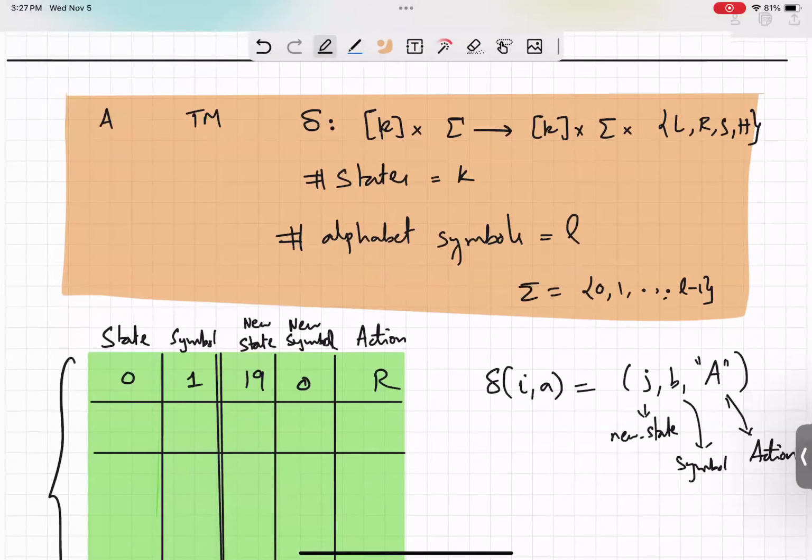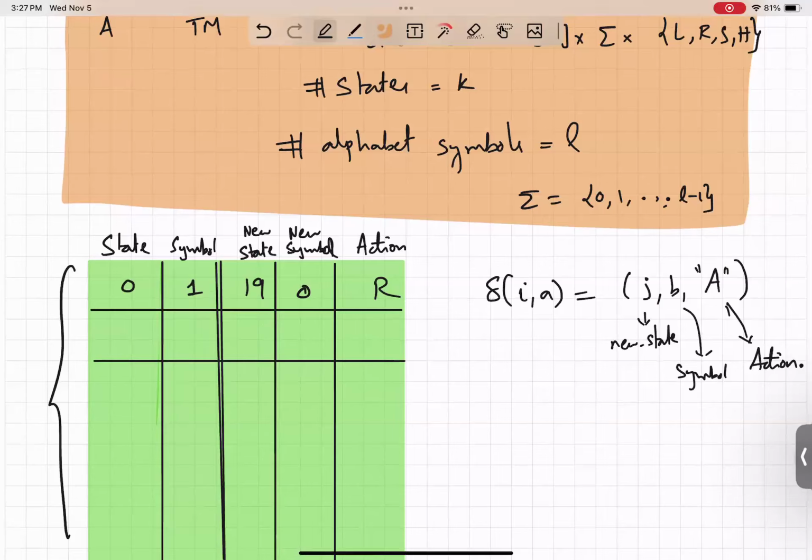For each state and each possible input, I have to tell you what you would do. Just as for a DFA, for every possible state and every possible bit, you have to tell me what you're going to do. Okay? So I would have roughly k times L many rows.